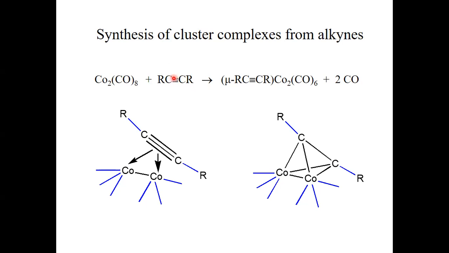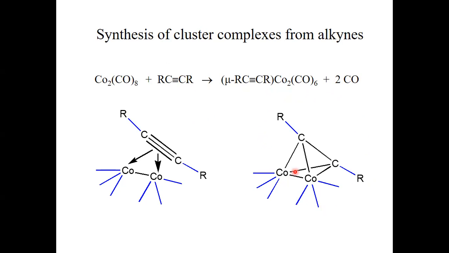In this case, the alkyne replaces some of the carbonyl ligands, and then the complex rearranges in order to make the tetrahedral complex. This, however, is only an appendix to the last class.